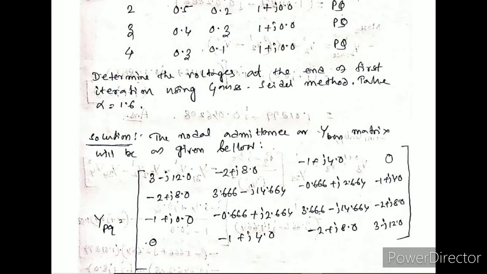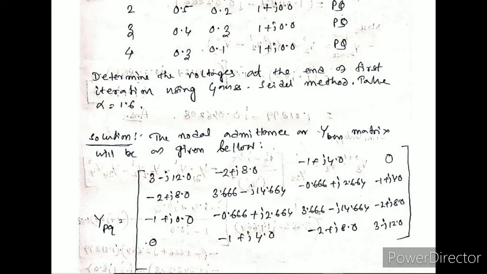Here this Y of PQ is the Y-bus matrix. The same numerical is given in lecture number 2. To know how this Y-bus matrix has been formed, just go through my lecture number 2. It is already given on my YouTube channel.